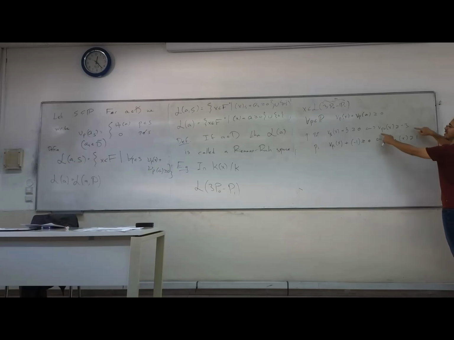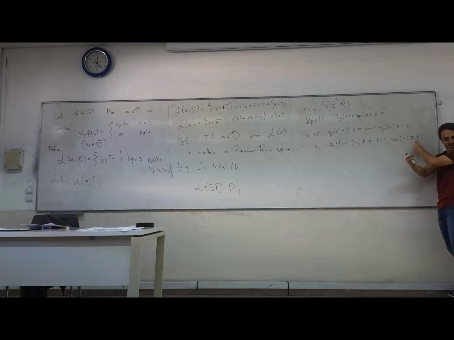So the first one is a constraint, but you feel like you're given something. You're allowed to have poles at 0, at most 3. Here, how should you interpret this? At 1, you have to have a 0. I mean, you have to be a multiple of x minus 1.